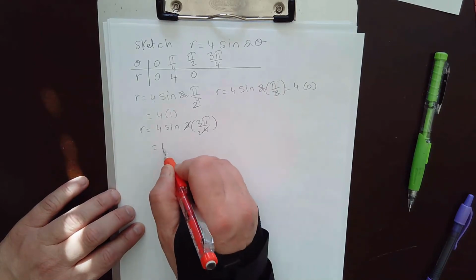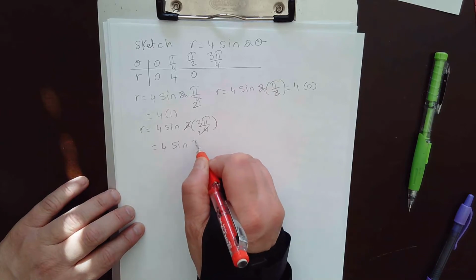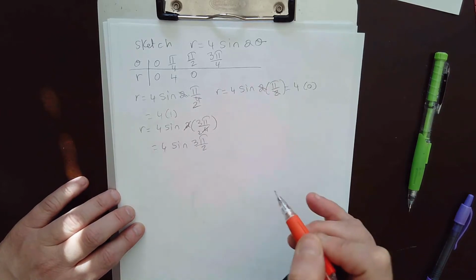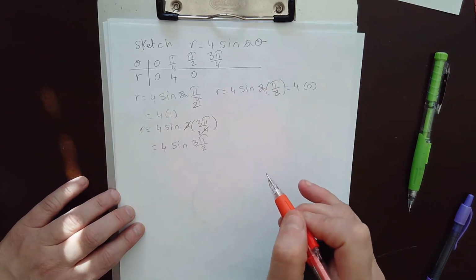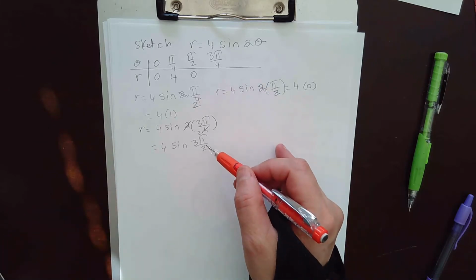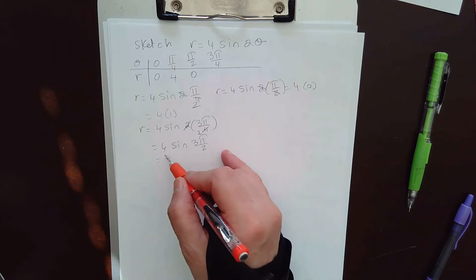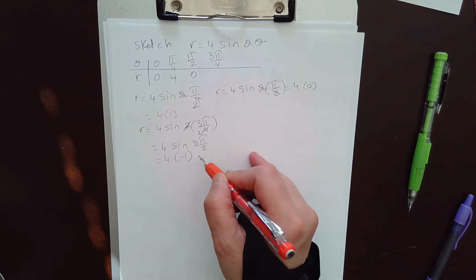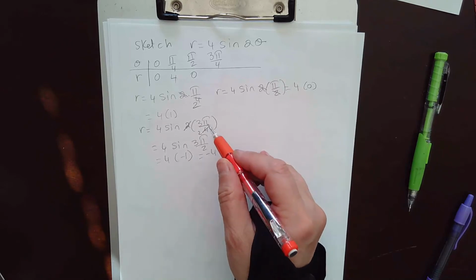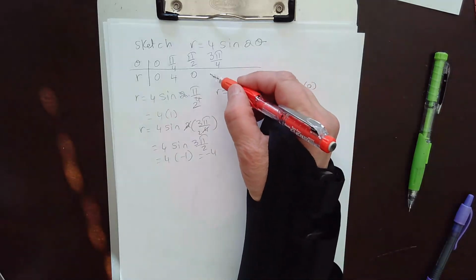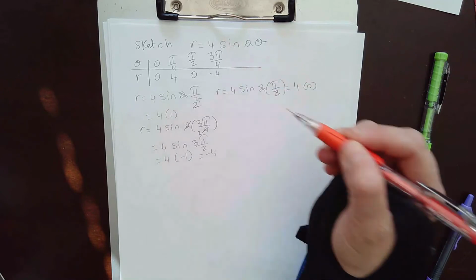So you have 4 sine 3 pi over 2. So what's sine 3 pi over 2? It is negative 1. So 4 times negative 1 is negative 4. So when theta is 3 pi over 4, r is negative 4.